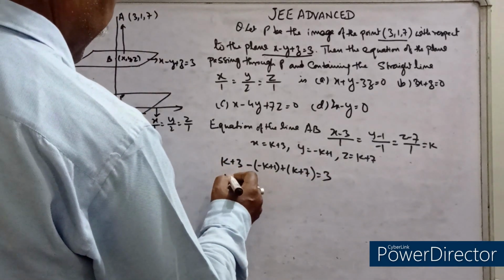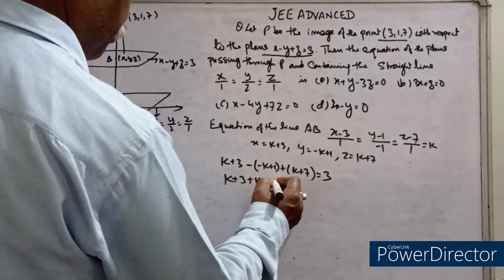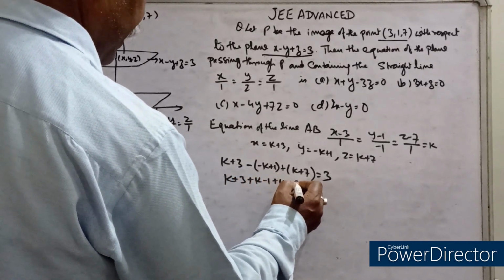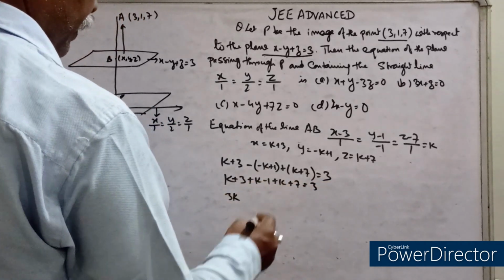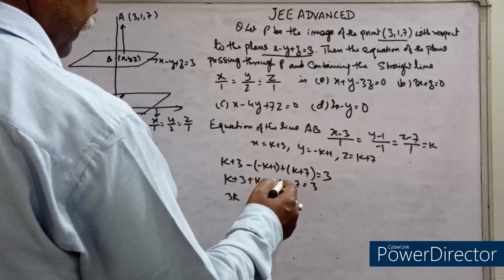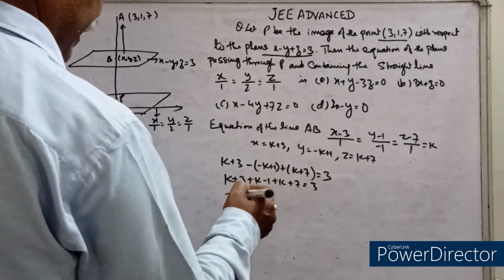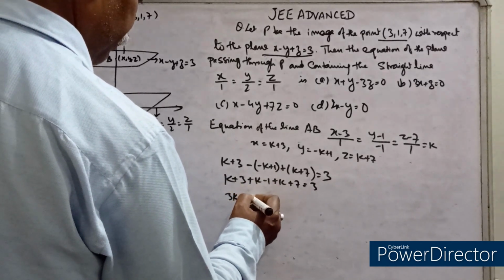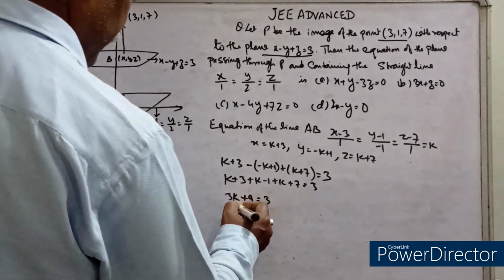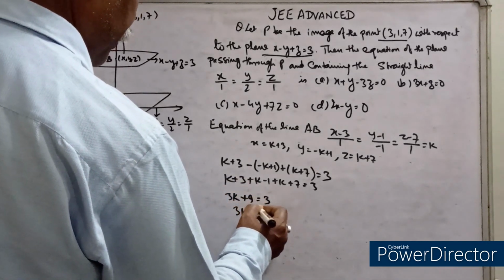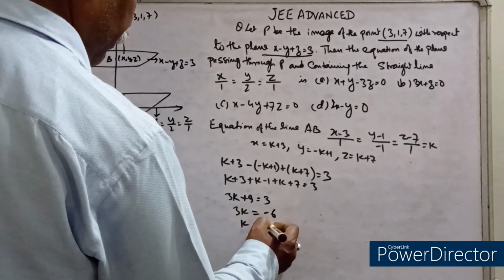Now k plus 3 plus k minus 1 plus k plus 7 is equal to 3. This will be 3k plus 9 equal to 3, and then 3k will be minus 6. So k will be minus 2.